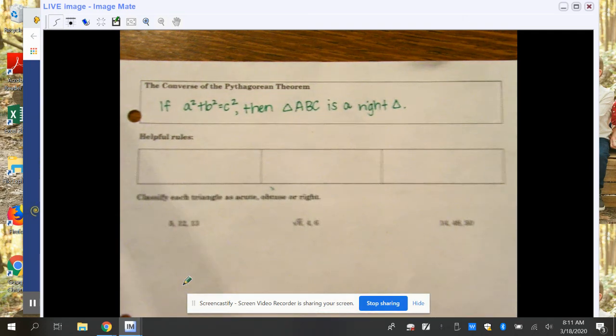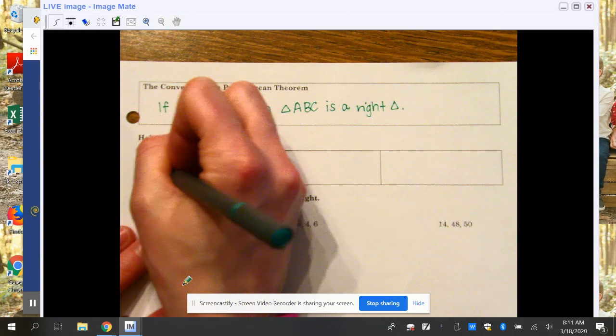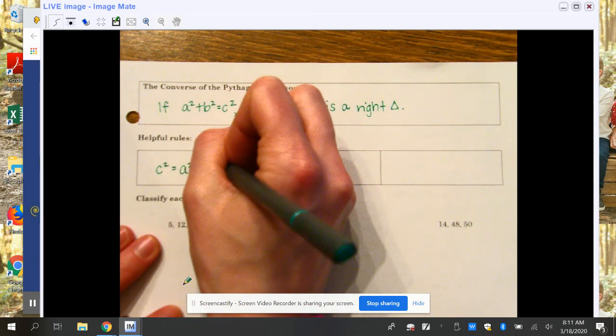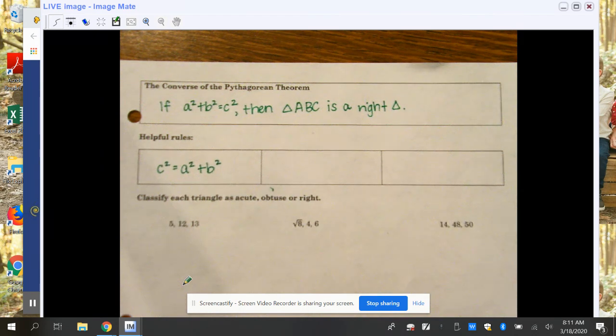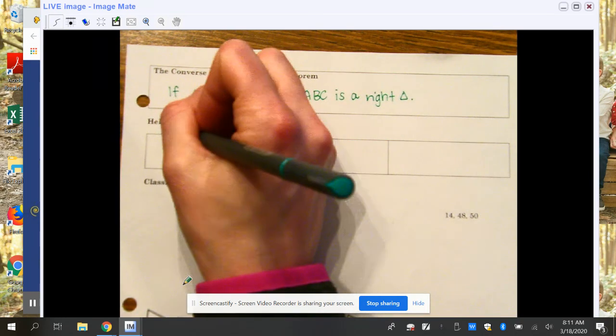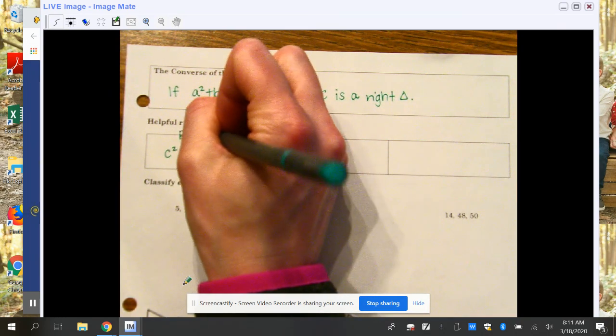So are all your angles less than 90, or do you have a big one and then two smaller acute angles? A couple helpful rules to remember, and I'm going to write this the opposite way just because I think it's easier to see. So if this is true, then that is a right triangle. We know that.